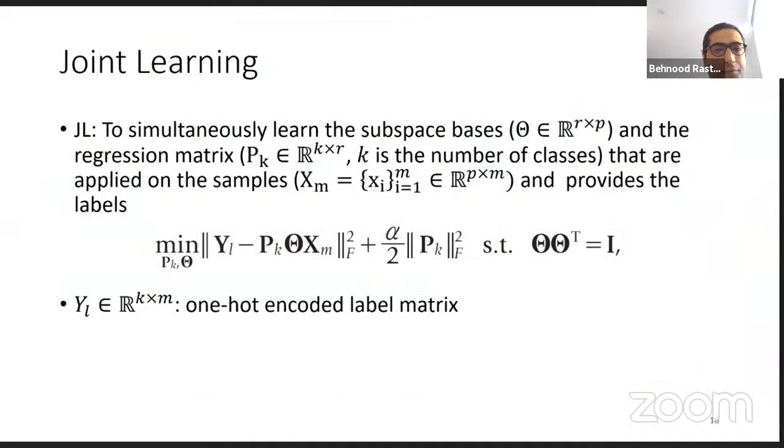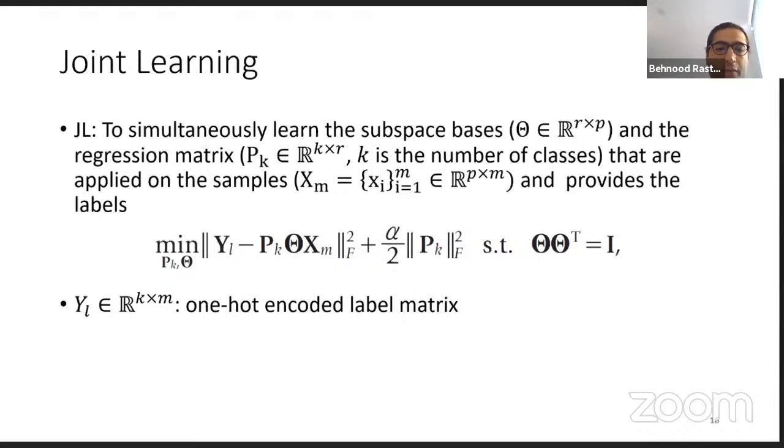And joint learning is one of the advanced supervised feature extraction techniques. It simultaneously learns the subspace basis theta and the regression matrix P that applies on the samples.